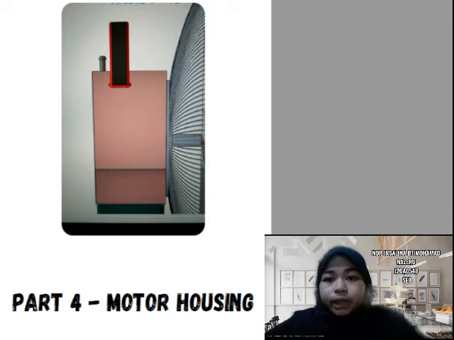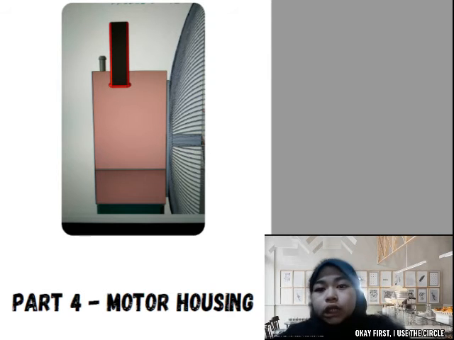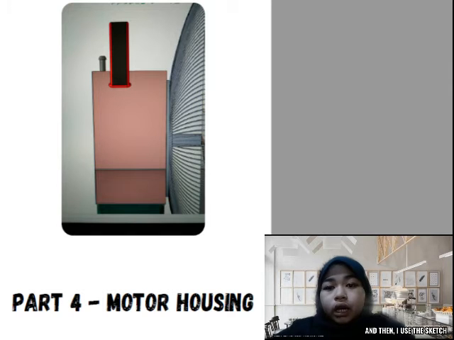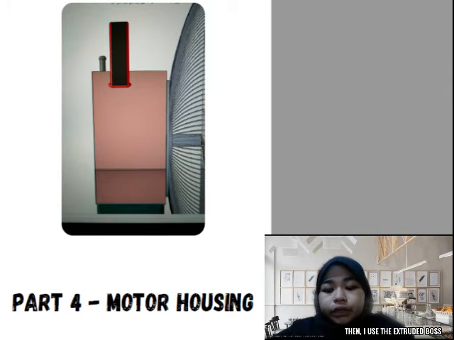Now I want to explain my drawing part about the motor part. First, I use the circle and then I use the sketch. Then I use the center rectangle to make the single spline. Then I use the extruded boss.